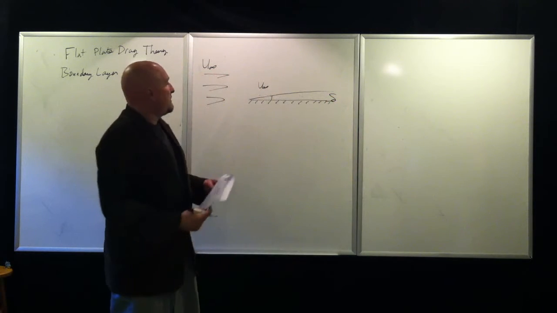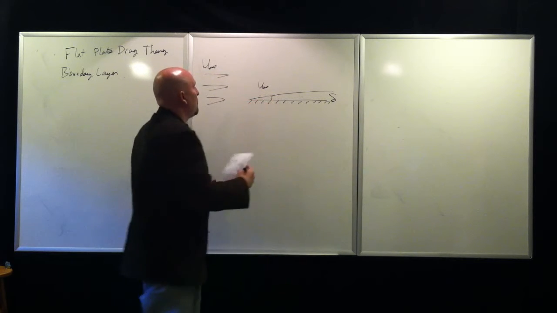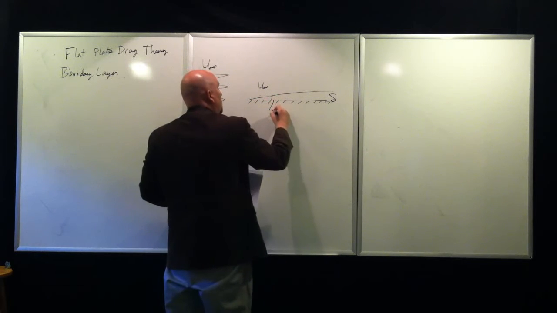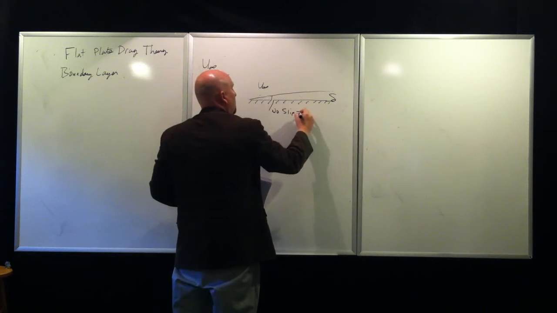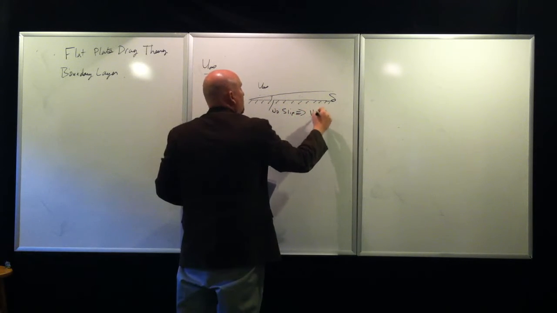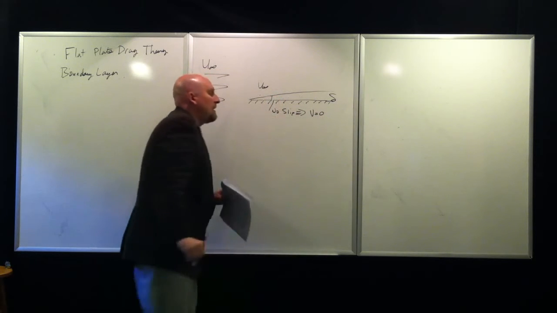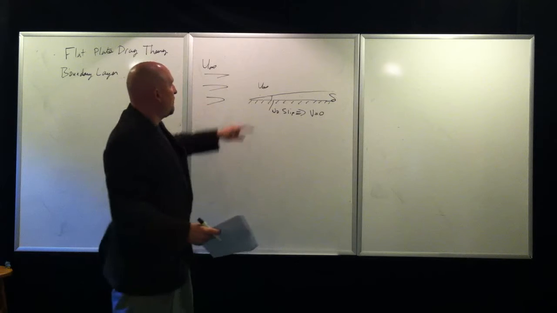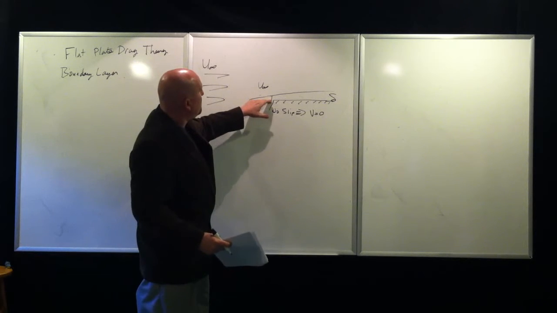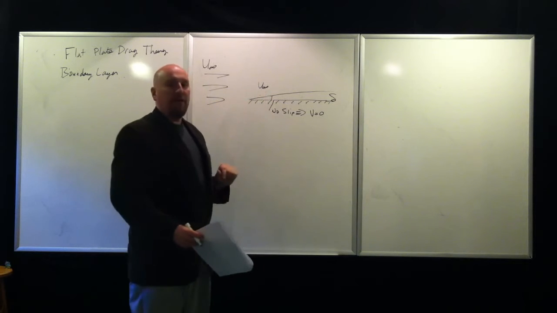The boundary layer thickness, from this point we're going to have what's called a no slip condition, meaning V equals 0. So right at the point, at the plate, we have no slip, velocity 0. Then from this point to the top of the boundary layer, the velocity is going to vary.